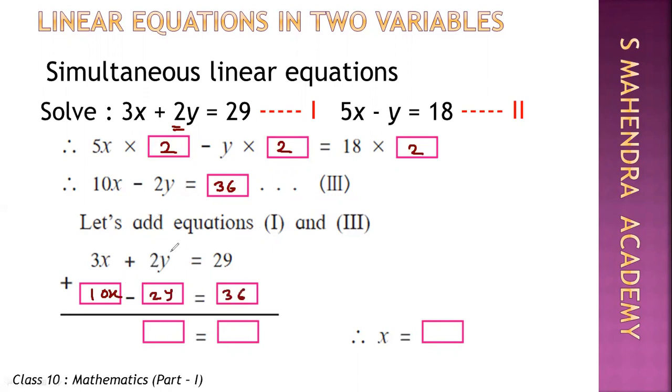So the value of plus 2y and minus 2y will be 0, and 3x plus 10x will be 13x, and the addition will be 65. So for the value of x, it will be 65 divided by 13. The result will be 5. So the value of x will be 5.